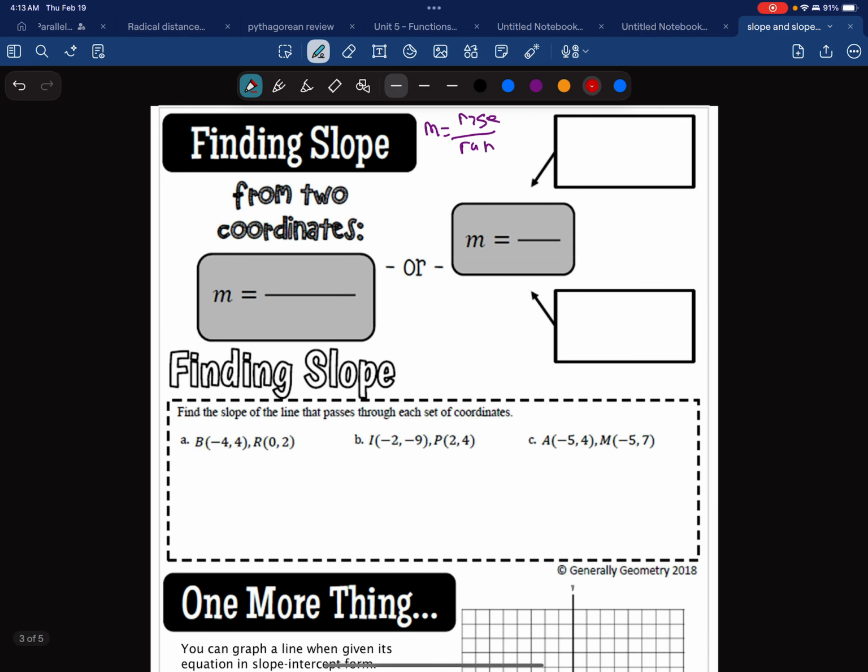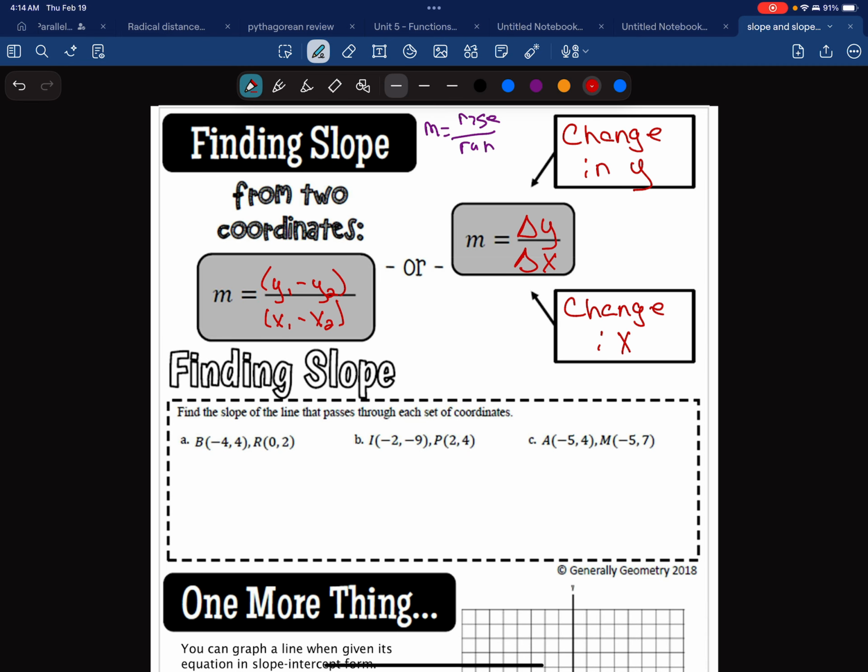So we can write this as change in y over change in x. As we already remember, change means to subtract. So we'll go y1 minus y2 over x1 minus x2.